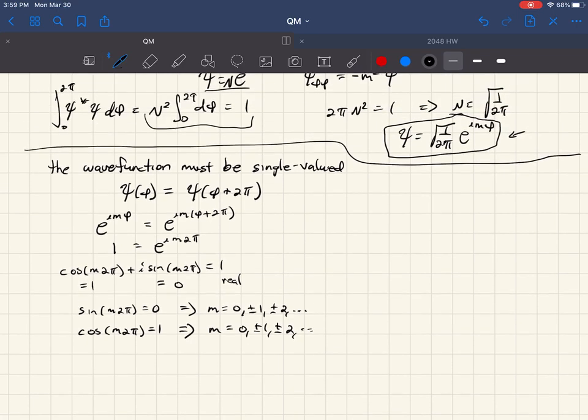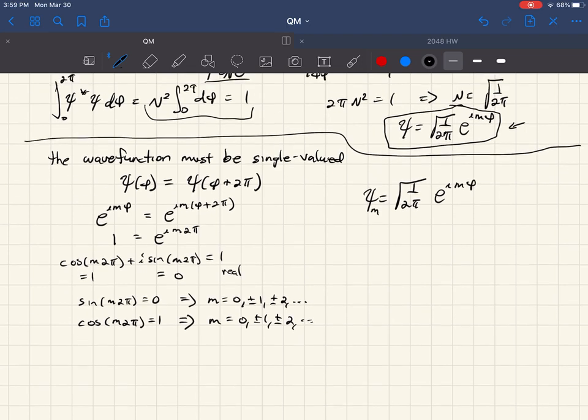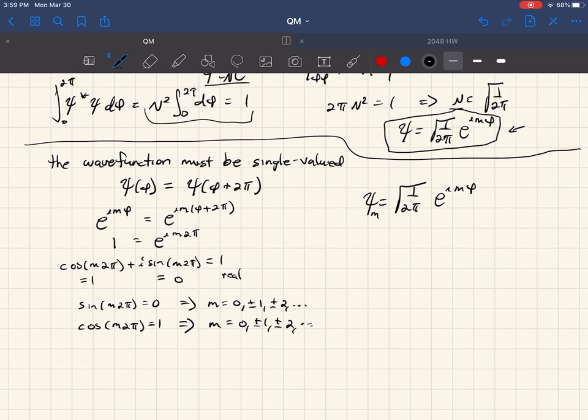So now we have, for the solution of a particle on a ring, its wave function, and maybe we'll put a little m there for its quantum number, and we'll write down what the quantum numbers are.